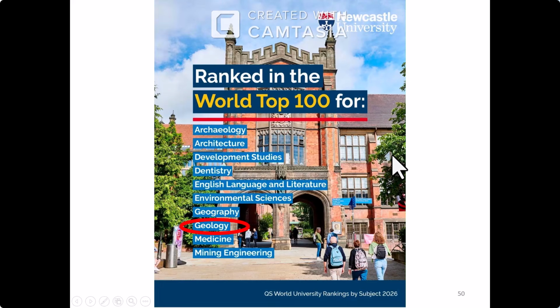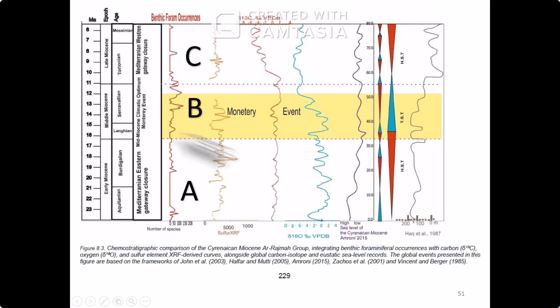By subject, Newcastle University is in the top 100 schools in geology. So here's the subject. This is the curve on the left here. This represents the occurrence counts of the foraminifera under thin section.